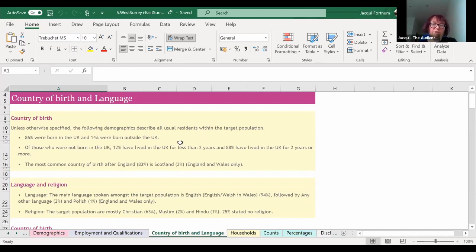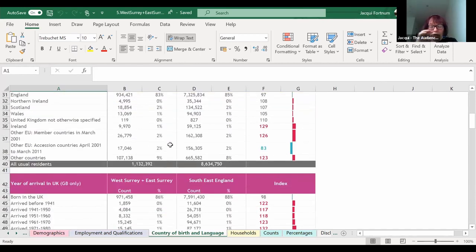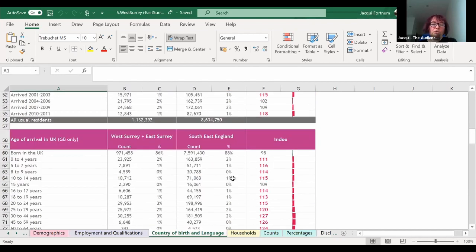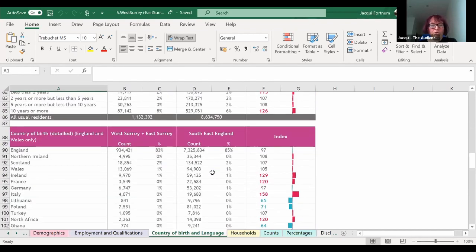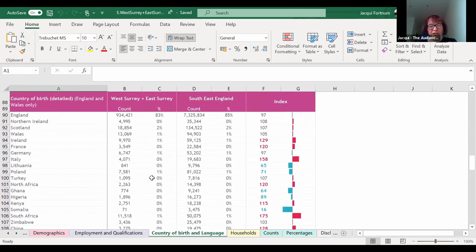Again, this can be really useful if you're thinking about a particular activity with a community group, for example, and you're thinking that perhaps some of the materials and resources, either to do with the calls to action, so if you're promoting it in the local area, or the actual delivery of the activity itself, if you're thinking, oh, would it be helpful to have that in different languages, for example, you can see what sort of languages are being spoken in the particular catchment.